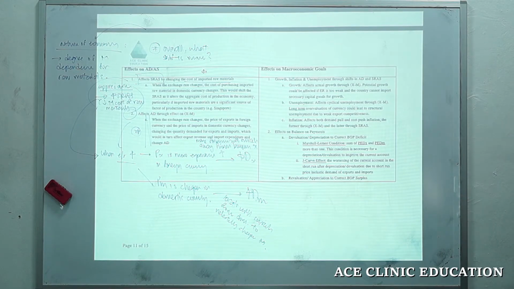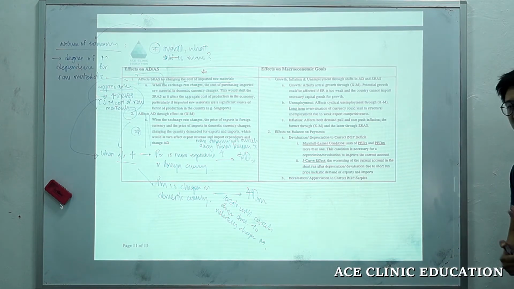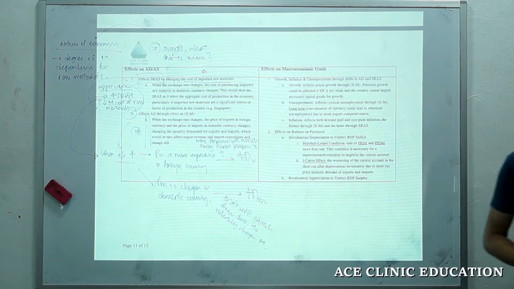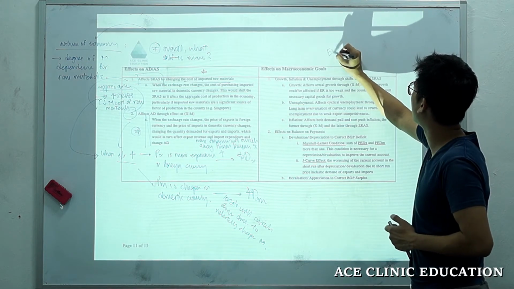So I'm going to illustrate what I mean by this. I'm going to tell you what Singapore does as far as the exchange rate policy goes. I'm going to repeat it again when we do the Singapore notes, but I think it's good to give you a heads up. Singapore's exchange rate strategy actually works like that.